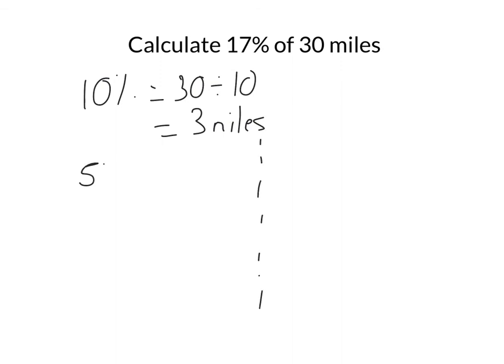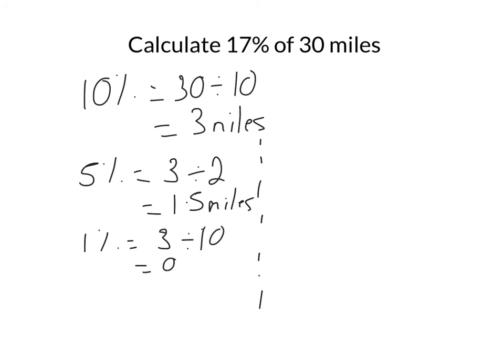You could find 5% next. So 5% is going to be my value for 10%, which is 3, divided by 2. Half of 3 is 1.5 miles. And then we could find 1%. So I'm going to take my value for 10%, which is 3, divided by 10 to give me 0.3. And then doubling that to give me 2% is going to give me 0.6.